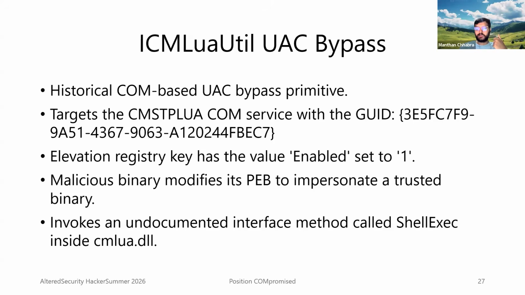And of course, our class is approved, this CMSTPLUA COM service, which we'll see in a little bit as well. Since we have all of the requirements met, the binary modifies it.